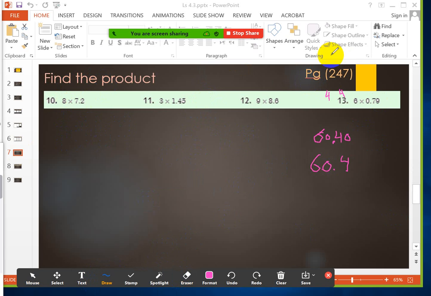Actually, we always used regrouping, or the place value, to multiply the numbers. But what about the distributive property? I want one of you to help me solve this exercise by using the distributive property. If one of you can help me, please raise your hand.